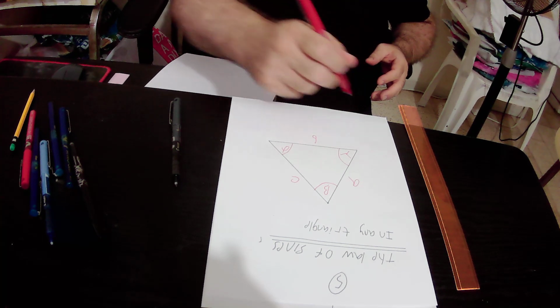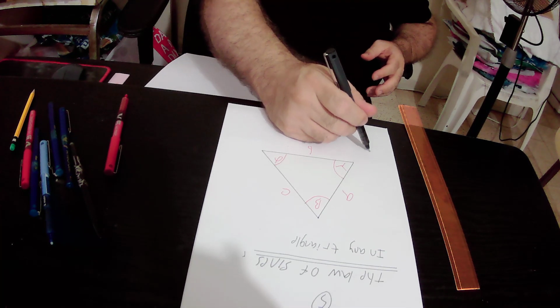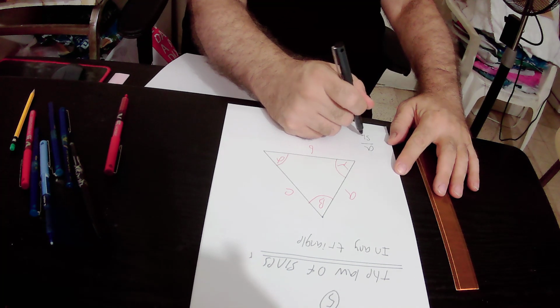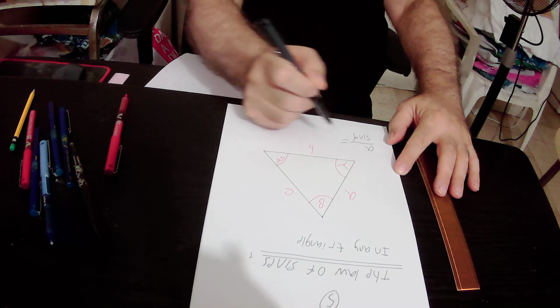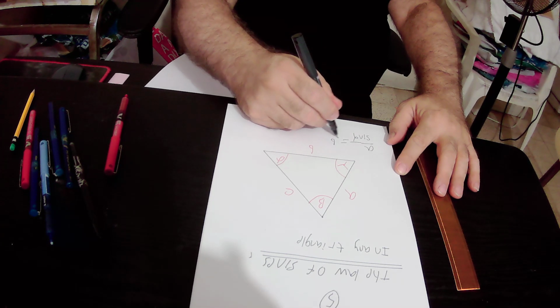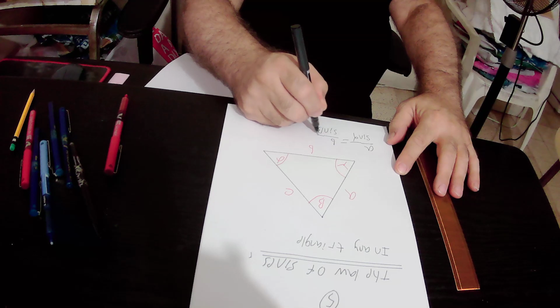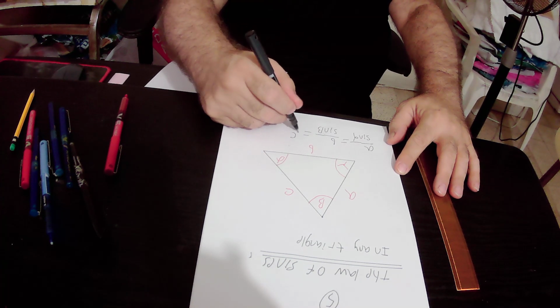A over sine alpha equals B over sine beta equals C over sine gamma.